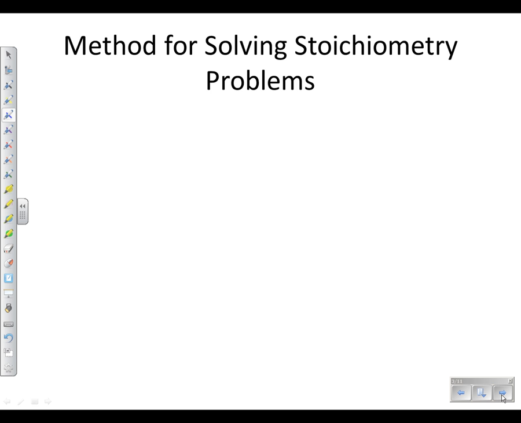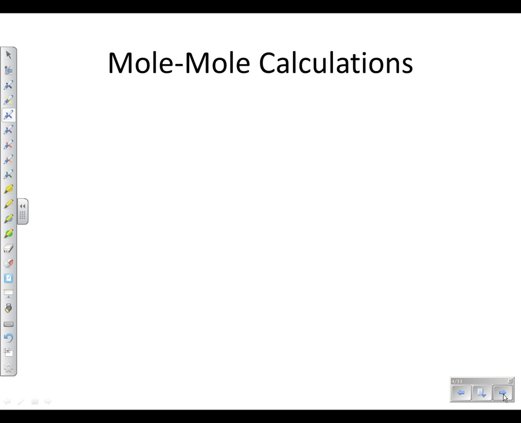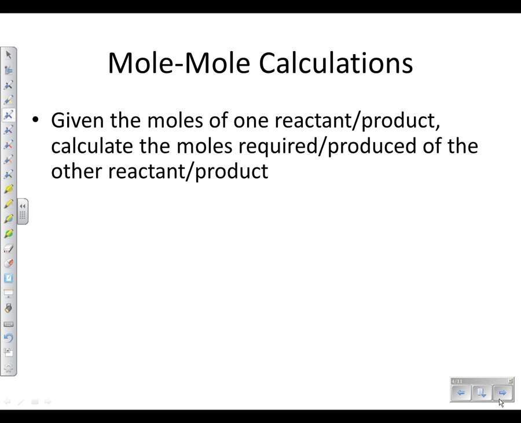All right. So let's skip this, and let's go down to this. We're going to start with the most basic stoichiometric relationship, and that is a mole-to-mole calculation. If I give you the moles of one part of that reaction, you can tell me about the other parts.